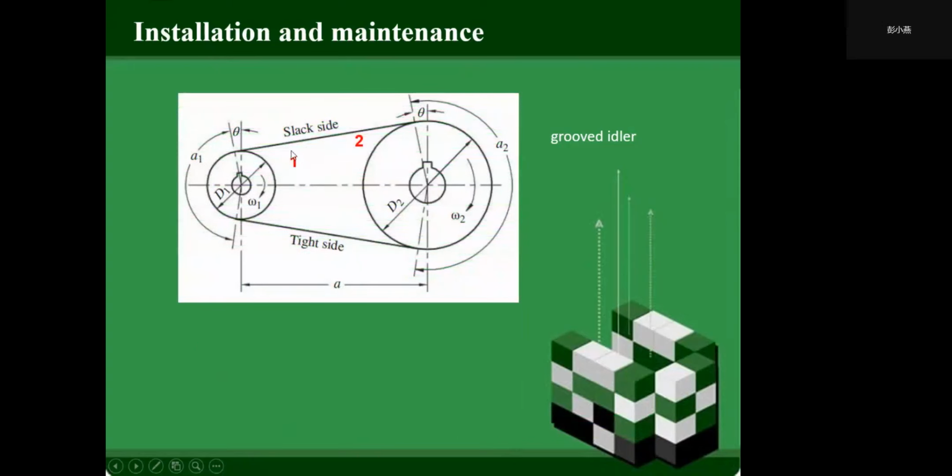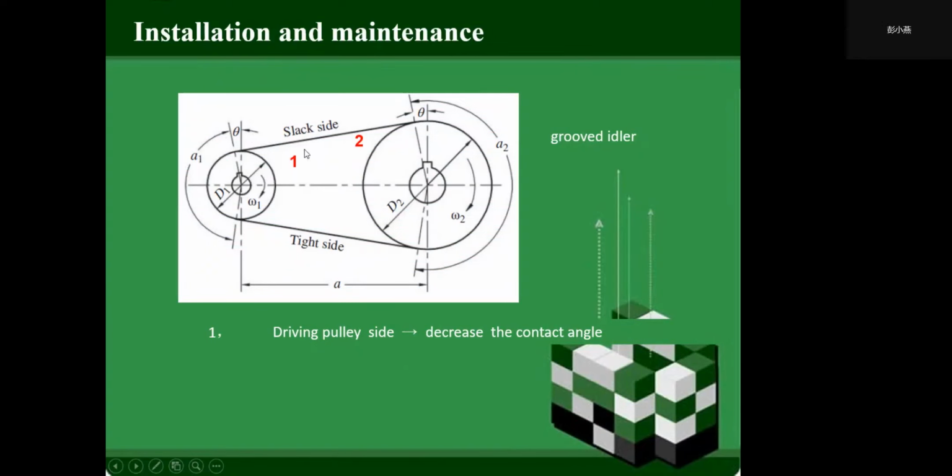And for side 1, it's near the smaller shaft, or near the driving shaft. On the driving pulley side, it will decrease the contact angle alpha 1. We know that alpha 1 should be larger than 120 degrees.